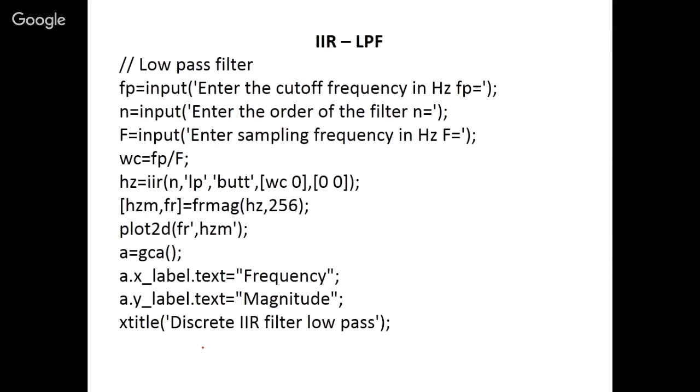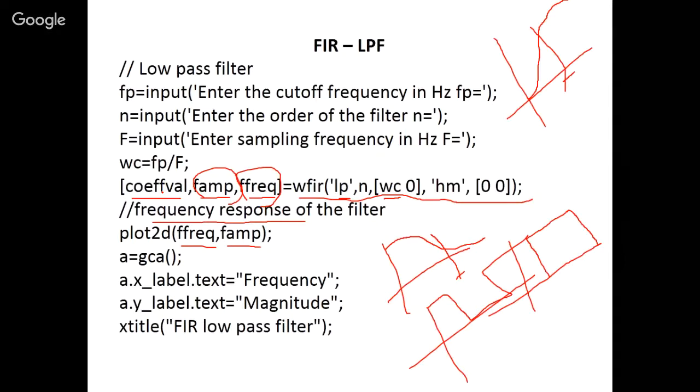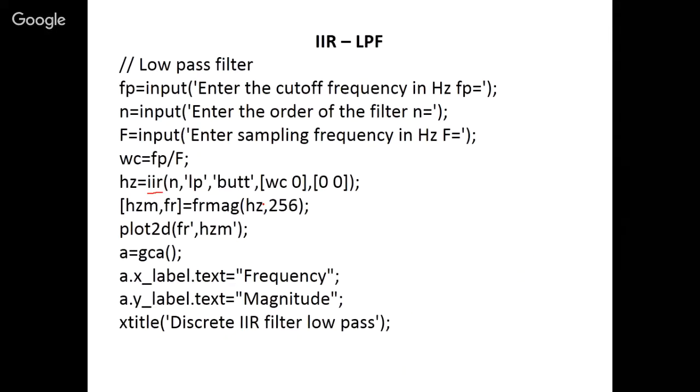Similarly, a similar case, IIR LPF. The only difference is that in case of IIR, we give the command as IIR, whereas there the command is WFIR, right? Here I am giving the IIR command. Otherwise, N is as before. In IIR, the order of the filter is N. LP is low pass.